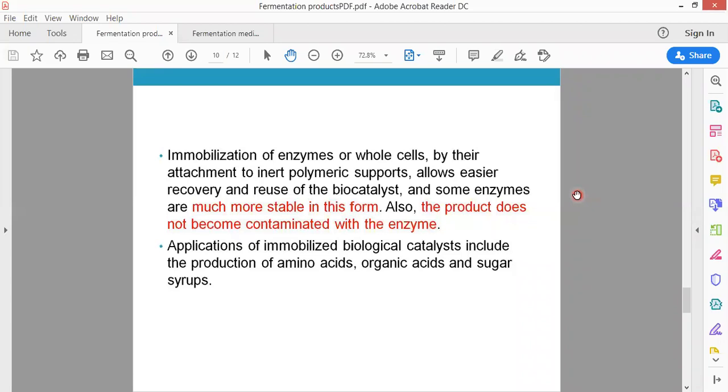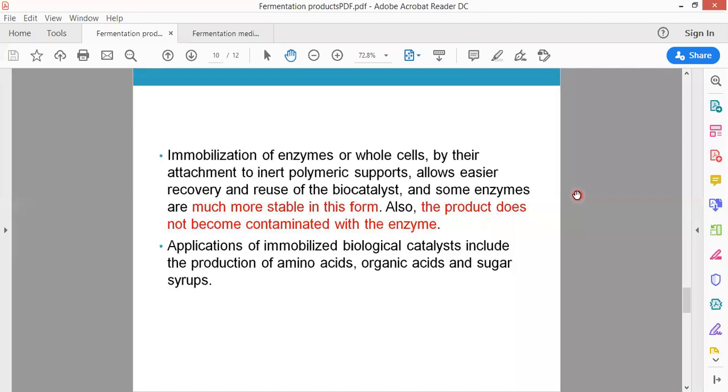Immobilized means that there is a support system, a matrix which is inert, meaning it's non-reactive. So you're using any kind of biomaterial which is inert in nature, which is not reacting with the substrates, the products or any other enzyme, but it is absorbing the enzyme and holding it. So what effect does an immobilized enzyme have in any fermentation process?